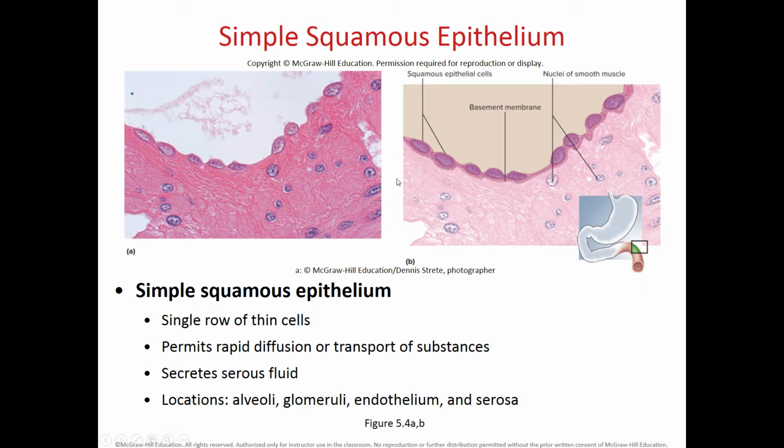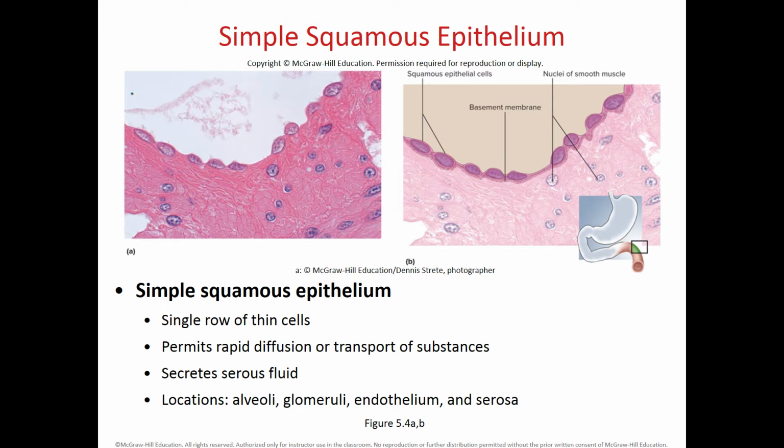And this makes sense because imagine if you have several layers of cells that are columnar or cuboidal. The substances will not cross through this epithelium very rapidly. Another function is to secrete serous fluid, like in the case of the epithelium in the intestines, so that the food can get transported much easier.